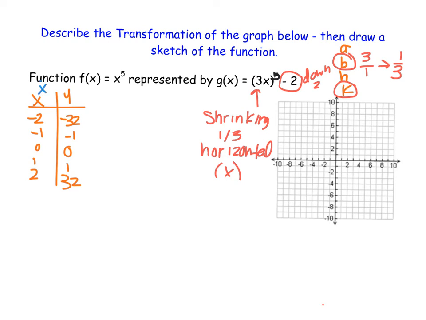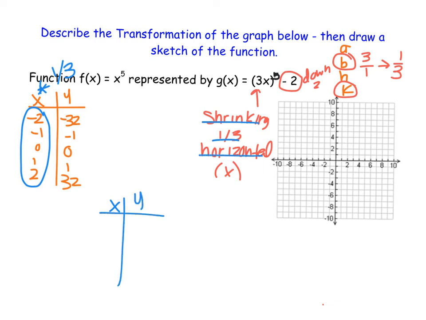So what we're going to do here is we're going to multiply all of our x values by 1/3, because we're going to shrink it horizontally by a factor of 1/3. So if I take all of these points and I shrink them down, so all of these x coordinates, because it's a horizontal shrink, that becomes -2/3, -1/3, 0, 1/3, and 2/3.